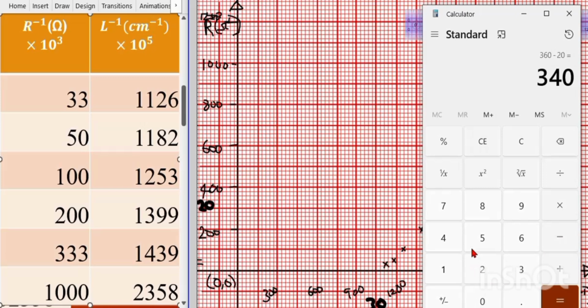Then what's the difference? How many have I counted? I don't know. Let's do it again. We have 400 minus 20, 1, minus 20, 2, minus 20, 3. So that's 3.